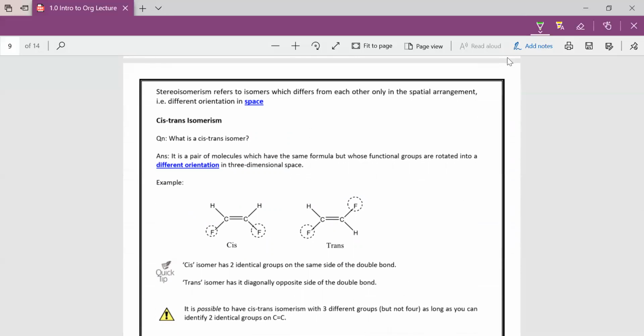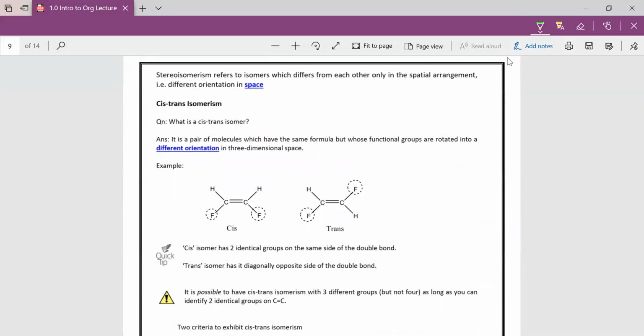Stereoisomers are a bit more challenging to visualize because they differ from each other only in the spatial arrangement, which is what you can see if you view it in 3D. The first isomerism under stereoisomers is cis trans isomerism.